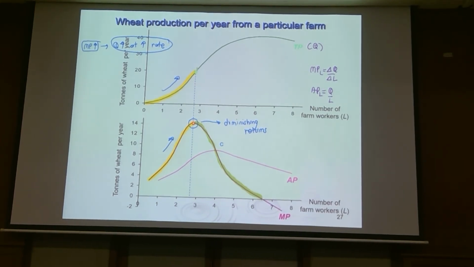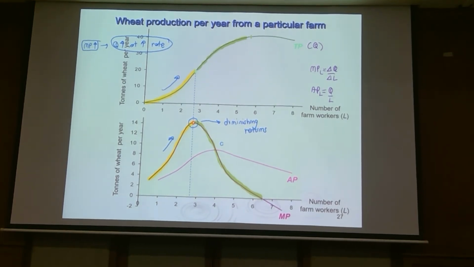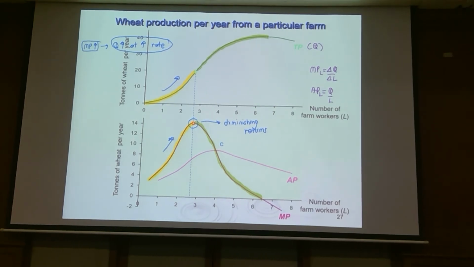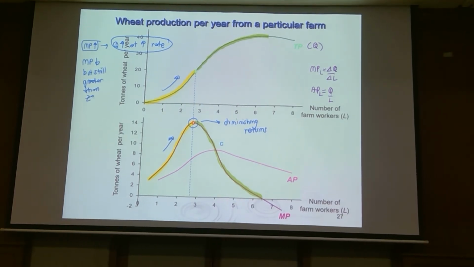It means the increase in output is going to be less. Here we say when marginal product is falling but still greater than 0, what happens?